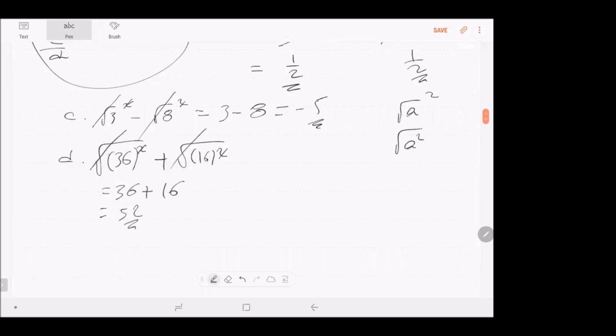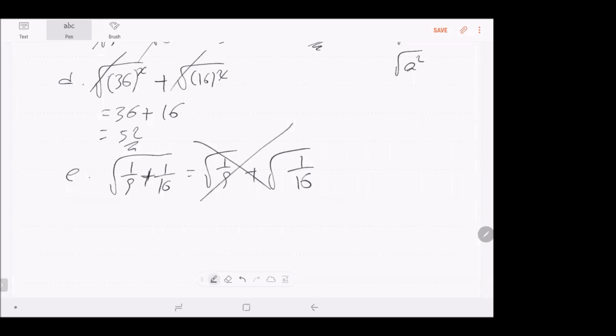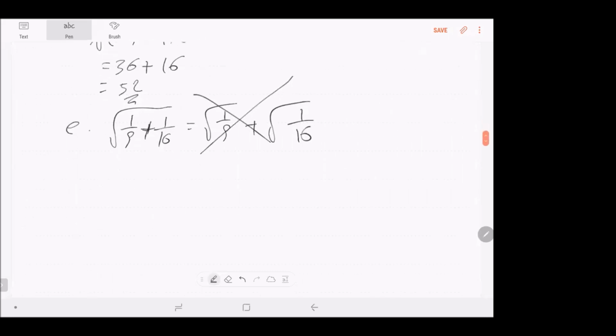Yes. And E, most of the students were confused with this question. The square root of 1/9 plus 1/16. Most of the students did this question like this: the square root of 1/9 plus the square root of 1/16, but this is automatically wrong. So we simplify the radicand as it is, under the radical sign.